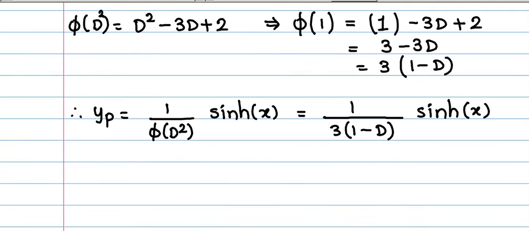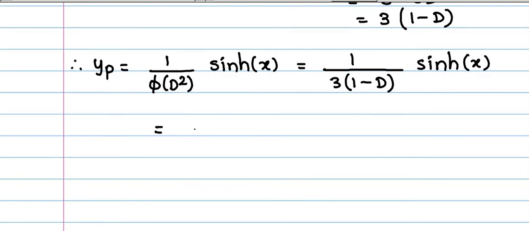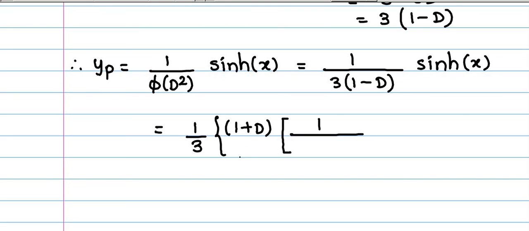Again, d is not removed completely, so we use the method of rationalization. We multiply numerator and denominator by the conjugate. So it will be 1 plus d, and 1 minus d in the denominator will give us 1 minus d square, into sin hyperbolic x.